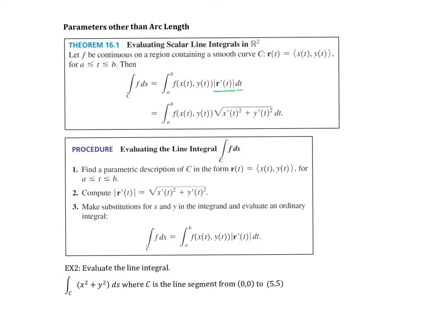What happens is the magnitude of r prime dt is simply r ds. Remember, the magnitude is the square root of x prime squared plus y prime squared. So this is the way that we can go from arc length to any parameter t, which is helpful because typically when we define our functions, we don't do it by arc length.